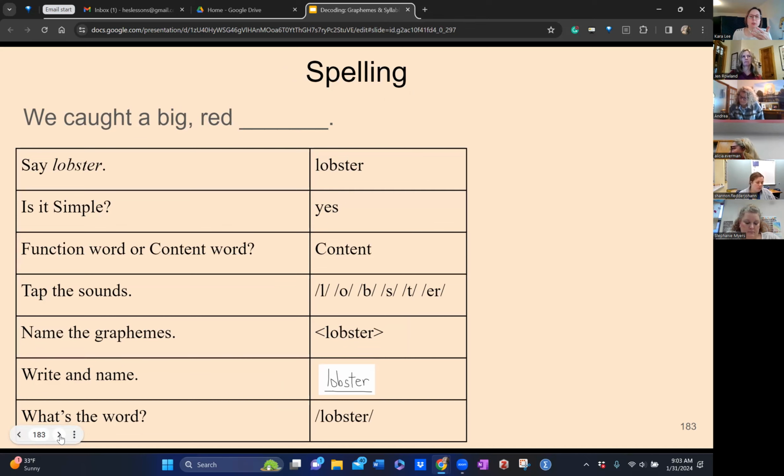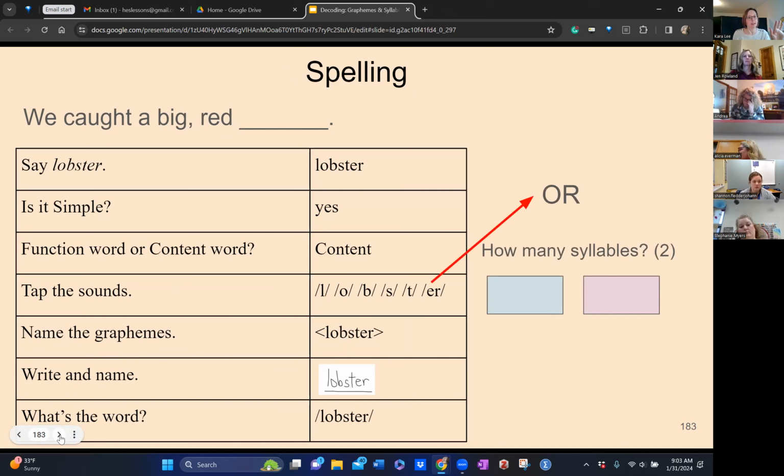Same thing here for spelling. If it's a 2-syllable word like lobster, if your student can tap all the sounds and name all the graphemes, that's fine. Remember, this is a big cognitive load for some kids. That might not be the case, and that's when you do the whole 2-syllable thing. Remember we did this for consonant LE?